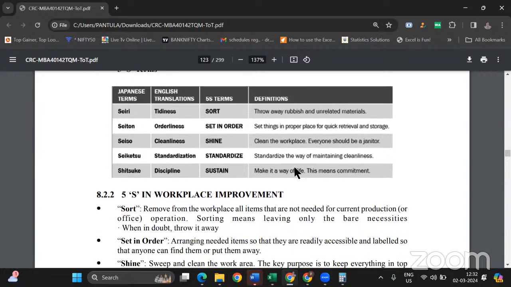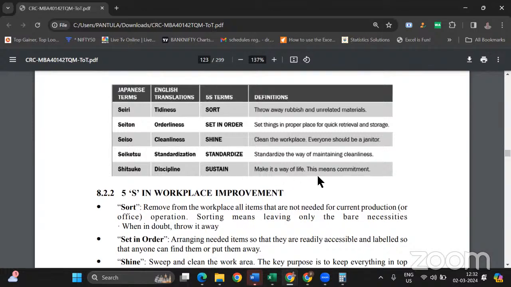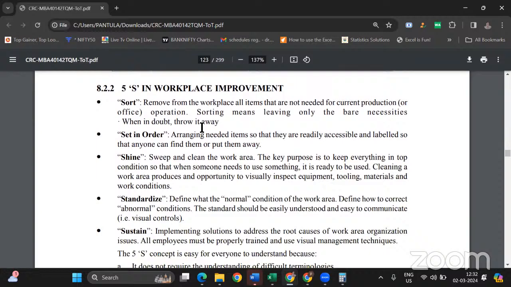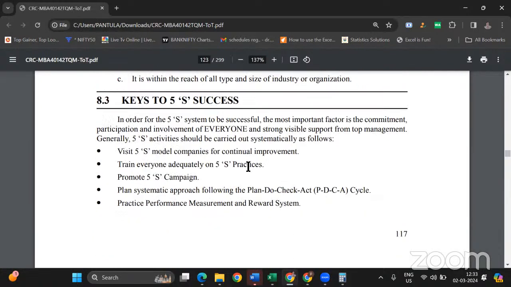Shine: clean the workplace. Standardize the way of maintaining it, and sustain, which is a habit. Already we discussed sort: remove from the workflow items not needed for current production, leaving only the necessary; when in doubt, sort it out. Set in order: arrange needed items so they are readily available. Shine: sweep and clean the area. Standardize and sustain.